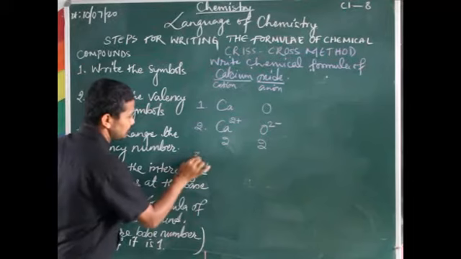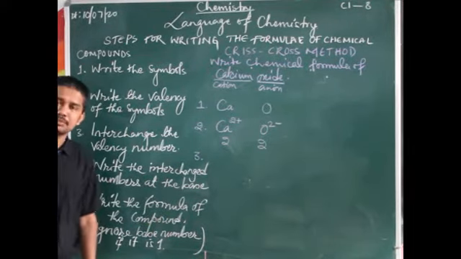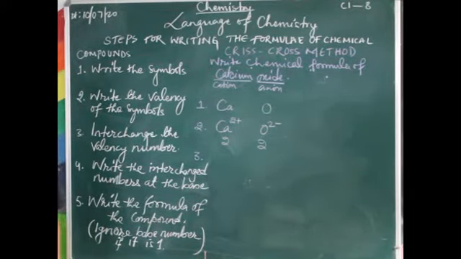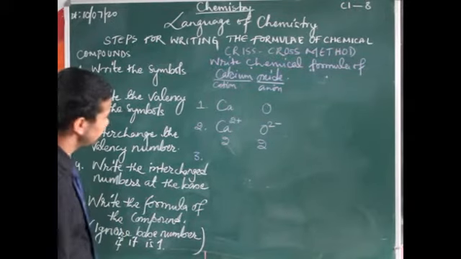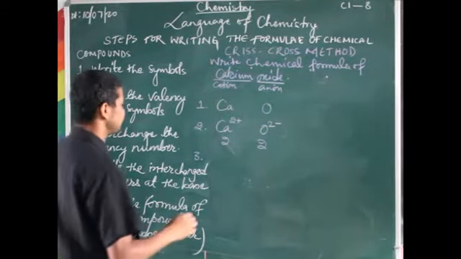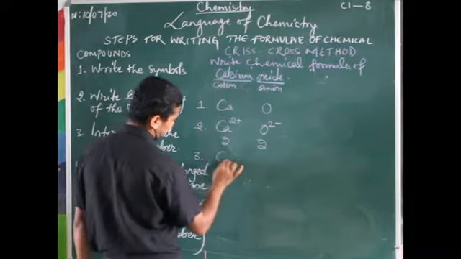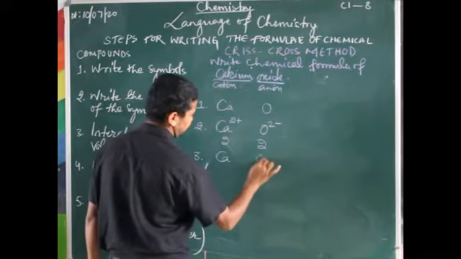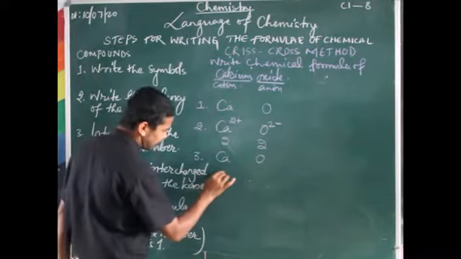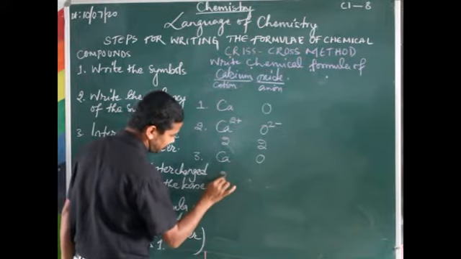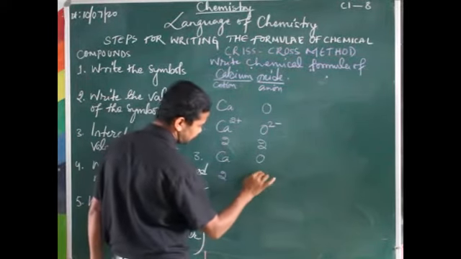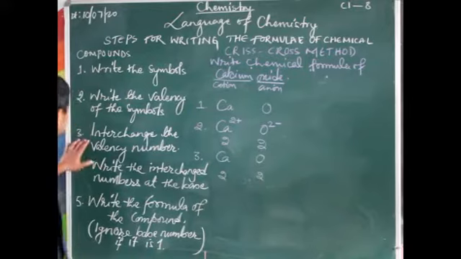Then step number 3. So in step number 3, what do you do? You will be writing symbols along with their valency at the bottom, below it 2 and here also 2. Then you will be interchanging the valency also.